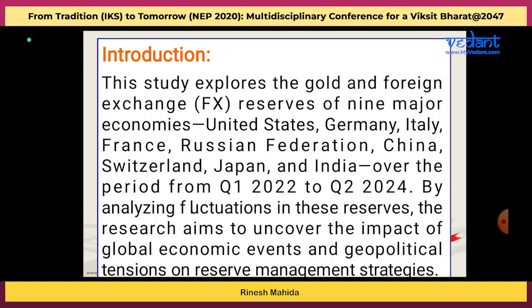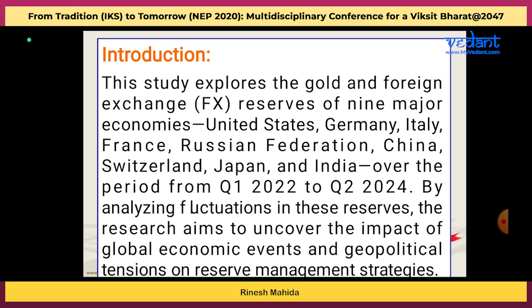Introduction: This study explores the gold and foreign exchange (FX) reserves of 9 major economies: United States, Germany, Italy, France, Russian Federation, China, Switzerland, Japan, and India over the period from quarter 1 2022 to quarter 2 2024.